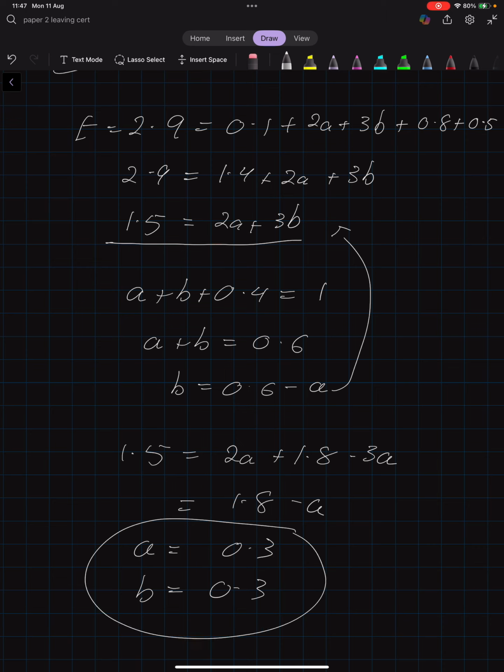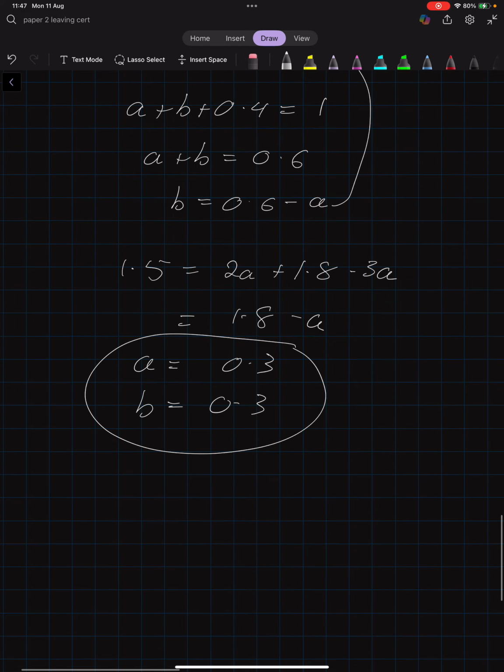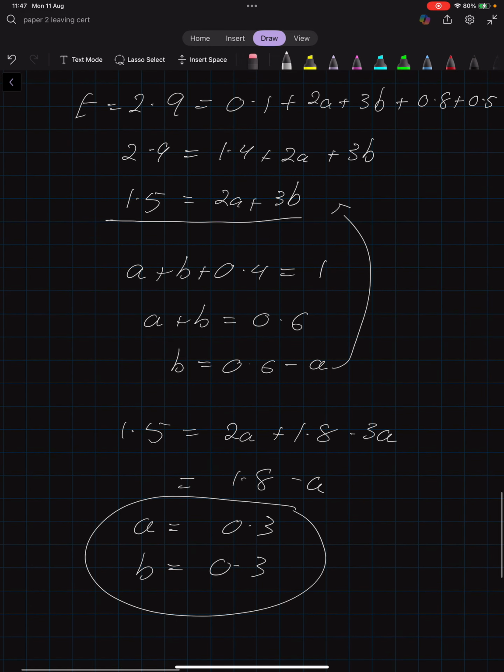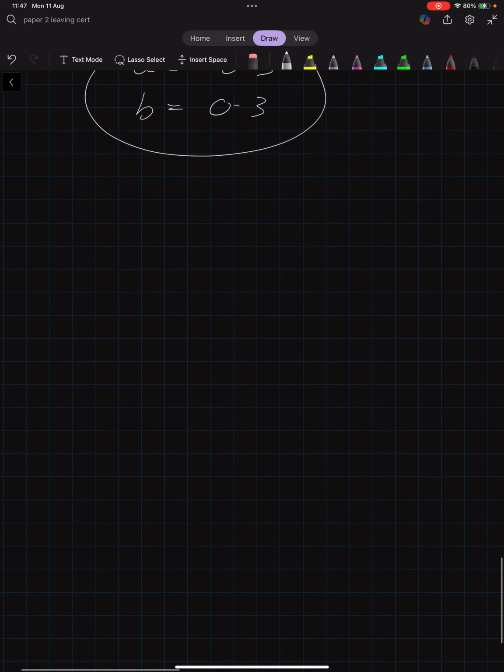So that's A and B then. Okay, I think that's fine. So it's just remembering that because there are two things you don't know, you need two equations. Here's one, and then I was able to make another by remembering that all the probabilities will always add up to 1.